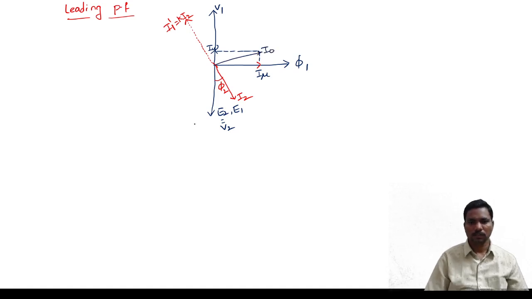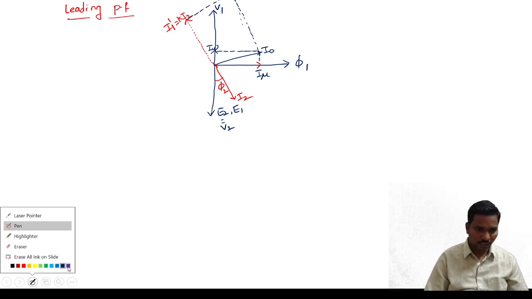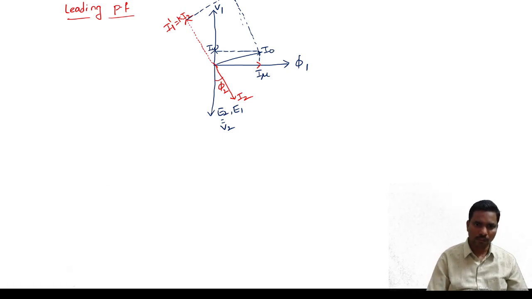Now coming to the vector sum of I1 dash plus I naught, let us take purple color. This is the one, I1.